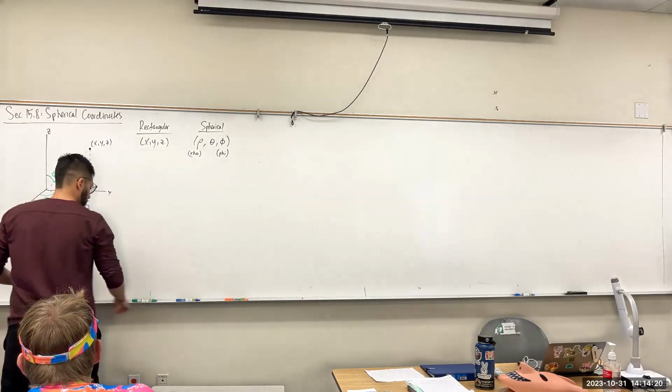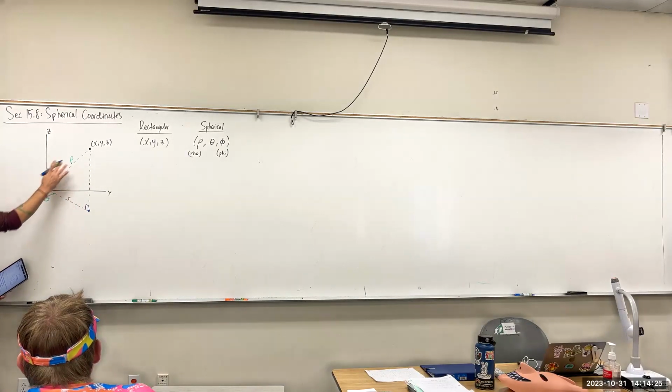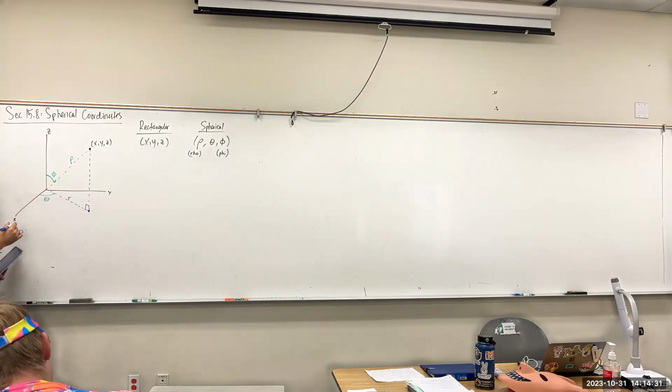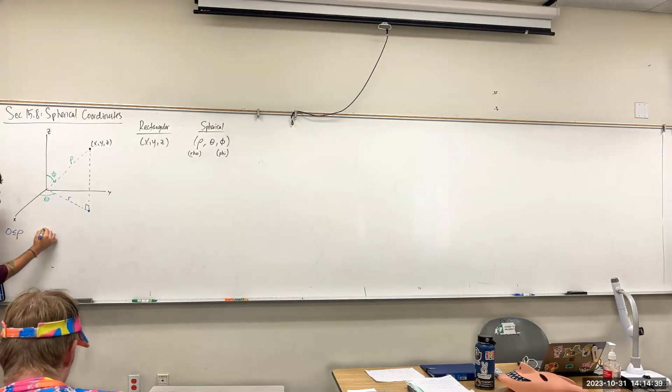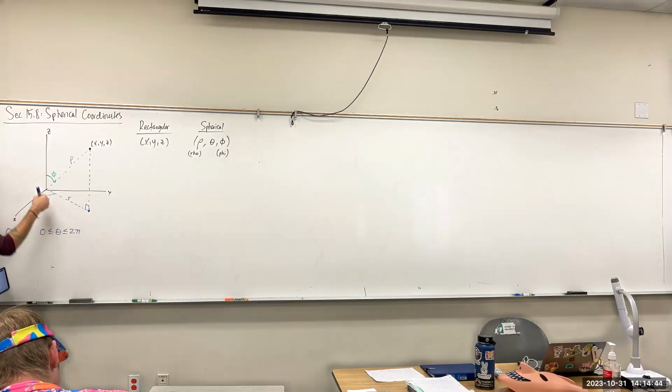But there's a whole bunch of other little details. Unlike r, rho is never going to be negative. Rho will always be greater than 0. Theta is still the same good old theta from 0 to 2 pi. It rotates one full circle only.